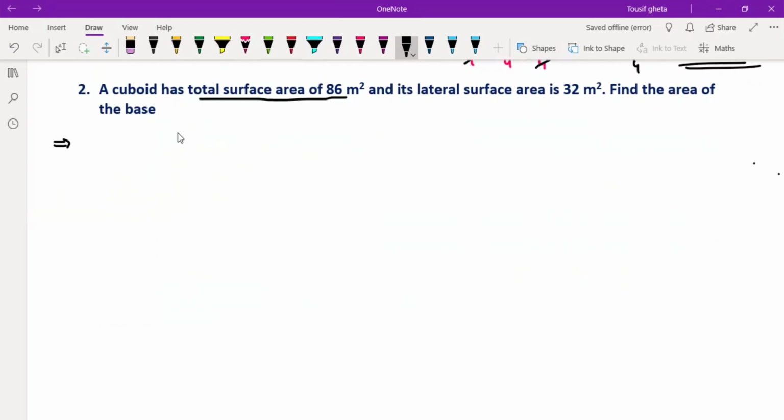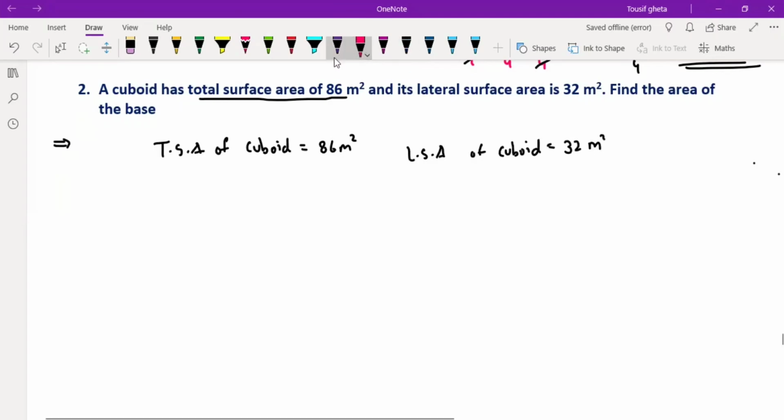Okay, so the total surface area of the cuboid is 86 meters square, and the lateral surface area of the cuboid is 32 meters square.